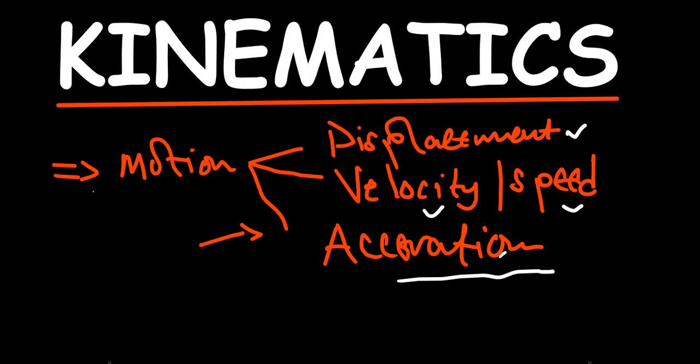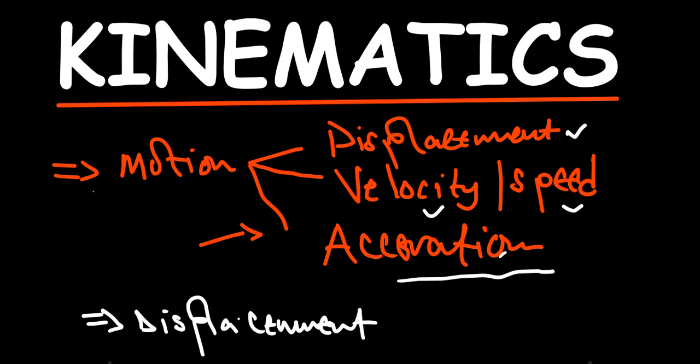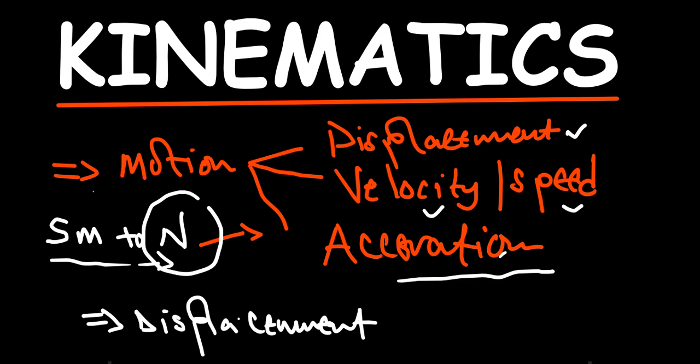All right, so we'll start with the definition of what displacement is. Displacement is simply distance with direction. If you have moved 5 meters to the north, this is displacement because we are considering direction.